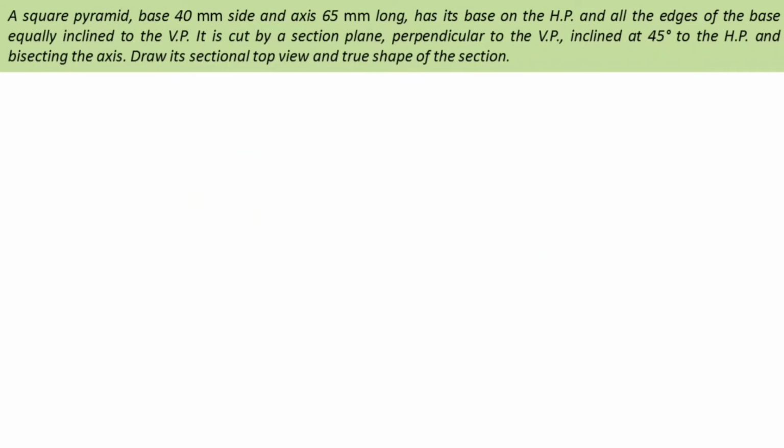Let me show you. Initially, draw the reference line xy, and we need to start with the top view. Why? Because, as I have discussed in the projection of solids, the view in which the true shape of the base is visible, we need to draw that view first.